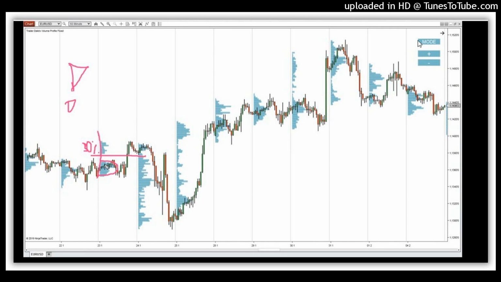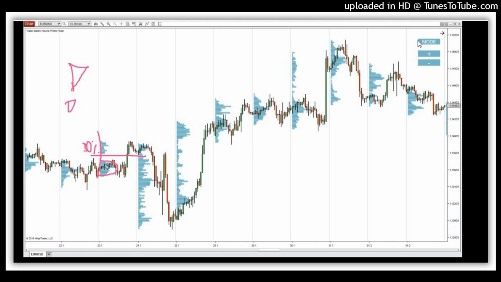Then there's a rotation, two D-shaped profiles. You can also merge those two to see where the point of control of the rotation is. Alright, one big D-shaped profile with the point of control in here. Now there's a thin profile, another thin profile, which kind of looks like a B-shaped profile, but only a bit.